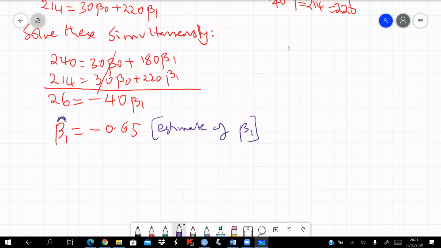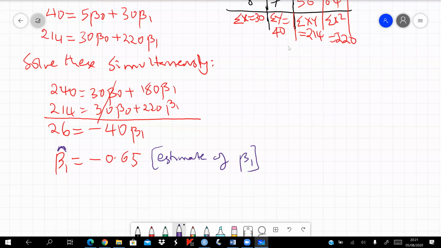We can use the first equation, using the first normal equation.